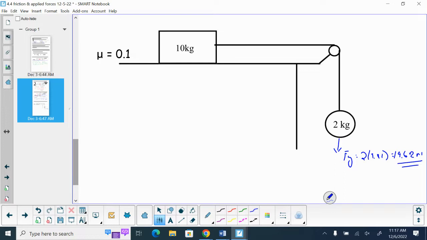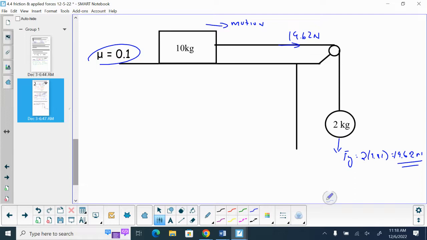That's pulling it down, but it's also what is experienced right here. So we are pulling at 19.62 newtons. We have hopefully motion going in that direction, if we can overcome friction here. If we can't overcome friction, we don't have motion. This object here is not going to start pulling it back.